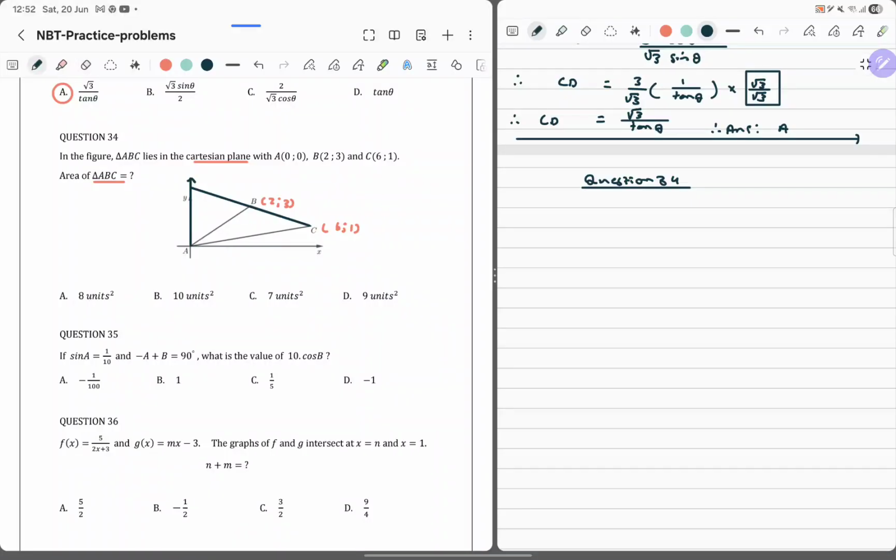Right, if I do that, I will work out the equation of this line. What I'm interested in is C, the y-intercept, which would be the point here.